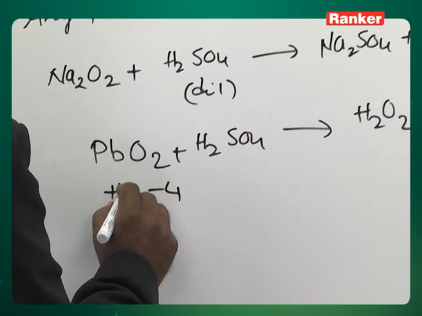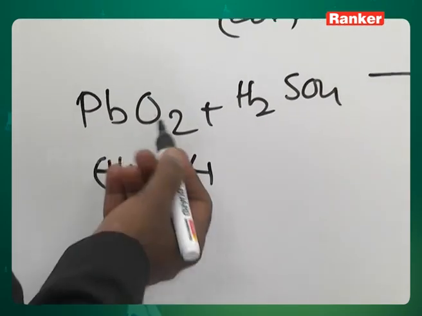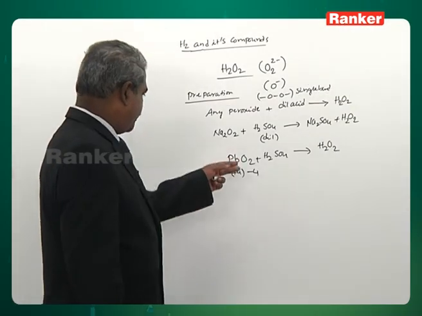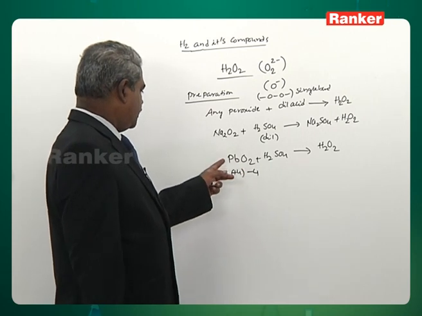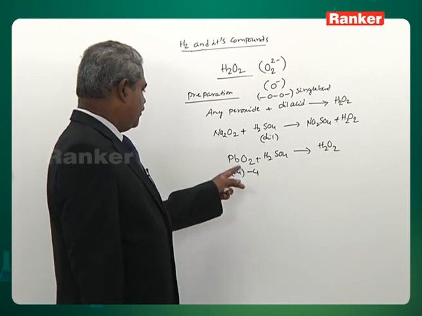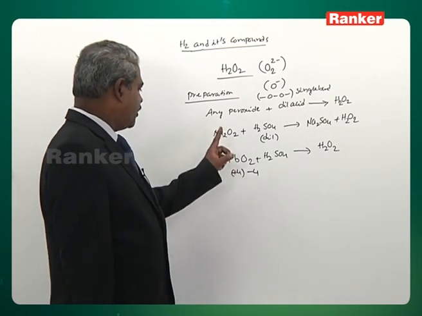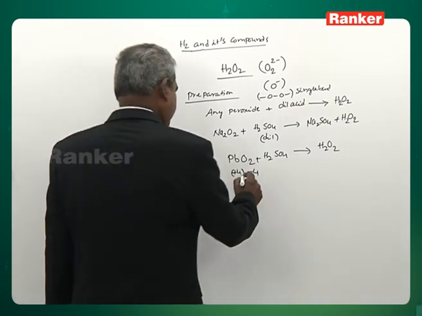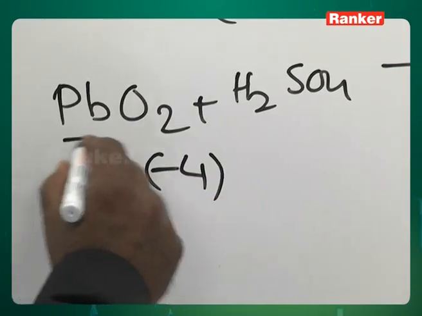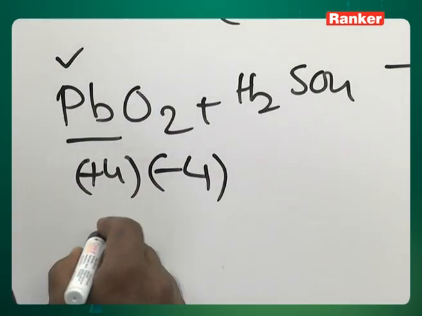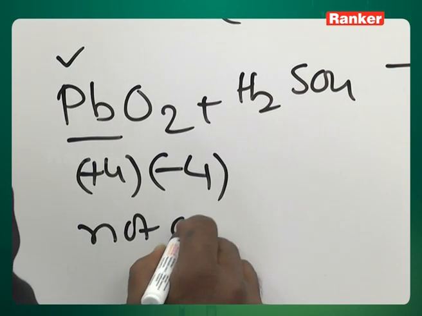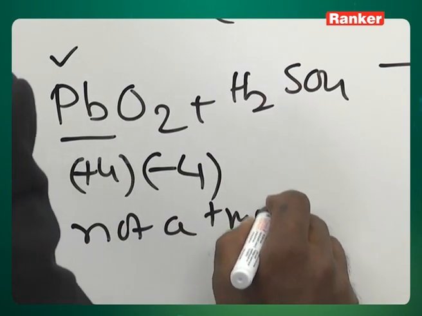Lead is plus 4. Therefore, it is not a peroxide. Oxygen is minus 2 here because lead does not mind allowing oxygen to be minus 2. So, even if it is minus 2, lead can still take plus 2. Therefore, not a true peroxide.